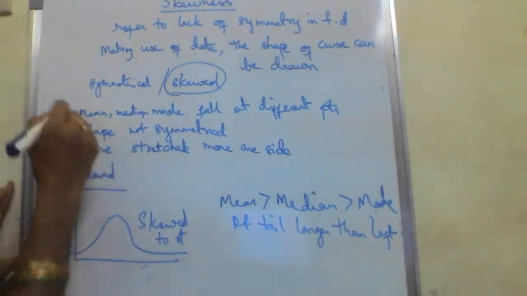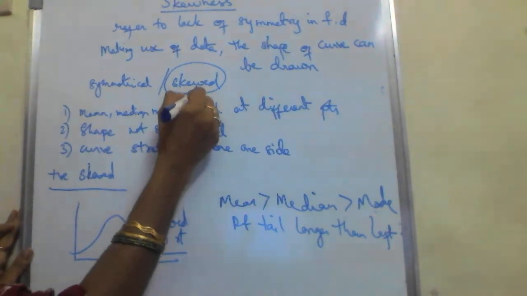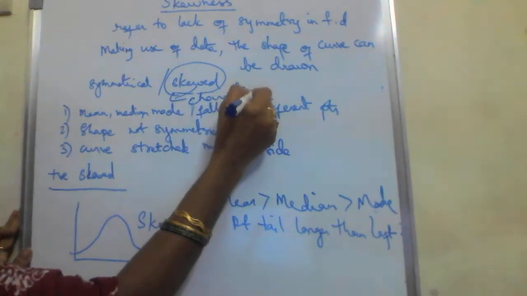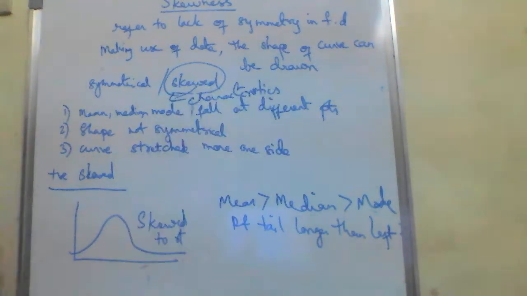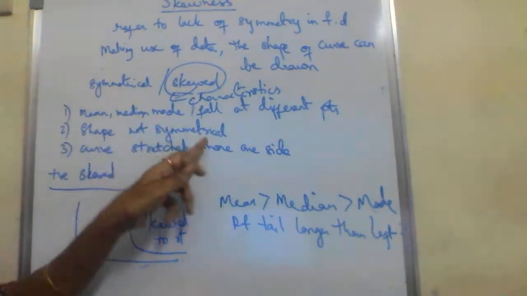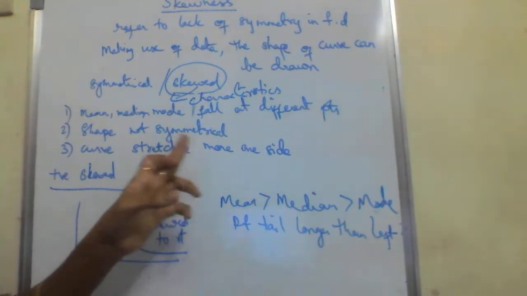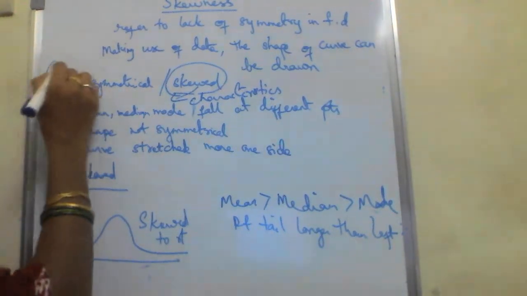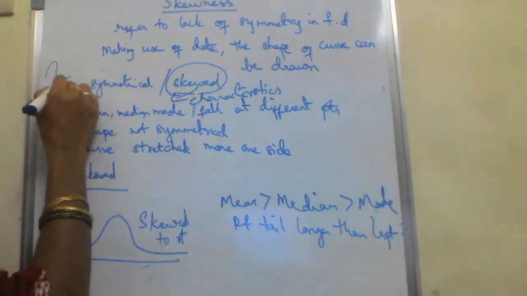These are the characteristics of skewed curves. The shape will not be symmetrical. The curve is stretched more to one side. Skewness means it looks something like this or this way.